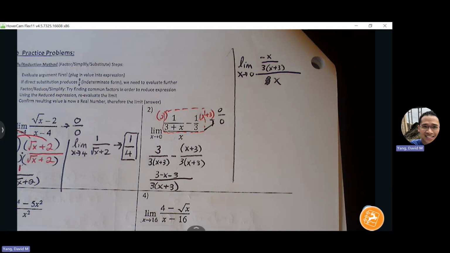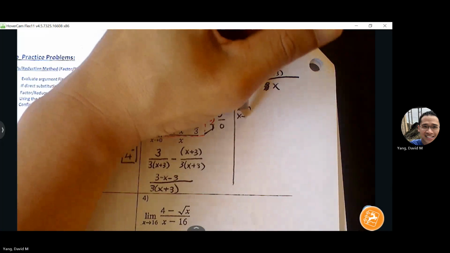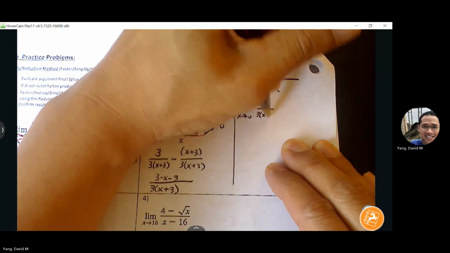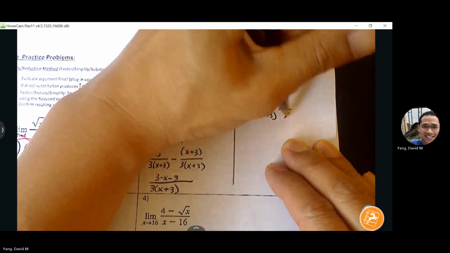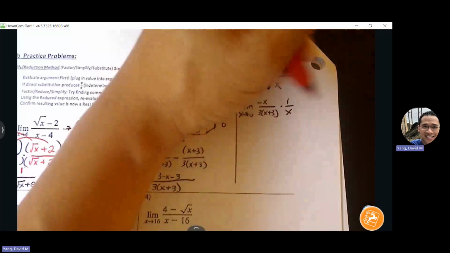But if I do a multiplication, I need to flip that x to be the reciprocal. X is canceled out just like before.